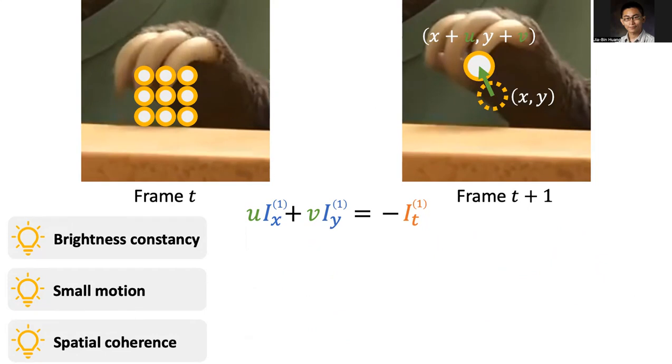This equation comes from the fact that the intensity at the xy location of the first image is the same as the intensity of the pixel located at x plus u and y plus v, so shifted u pixels to the right and v pixels up or down.